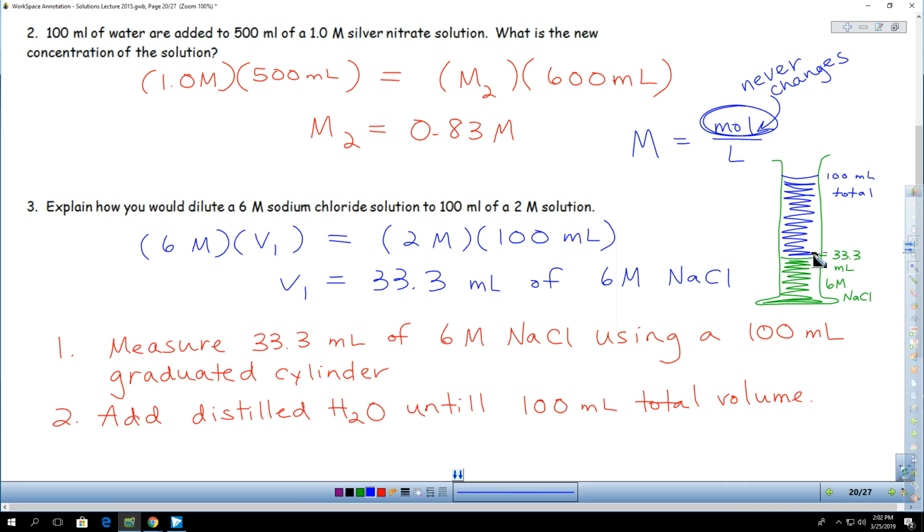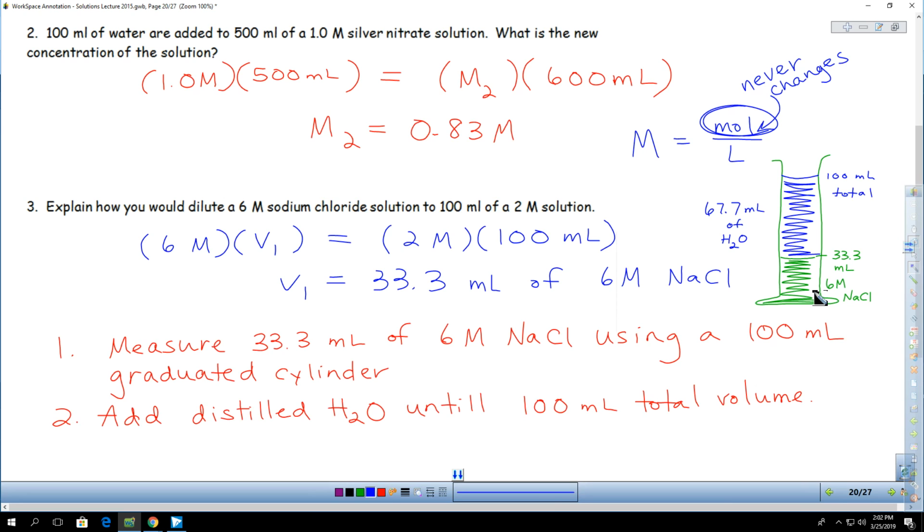Now, in reality, this would end up being about, let's see, 100 minus 33.3. This is going to end up being about 66.7 milliliters of water. So that the water plus the other solution will give you your total combined volume.